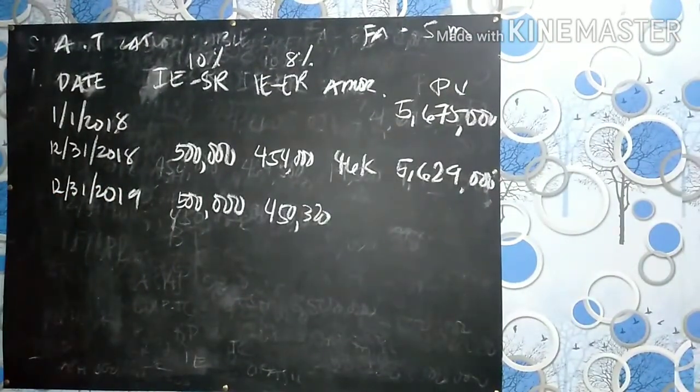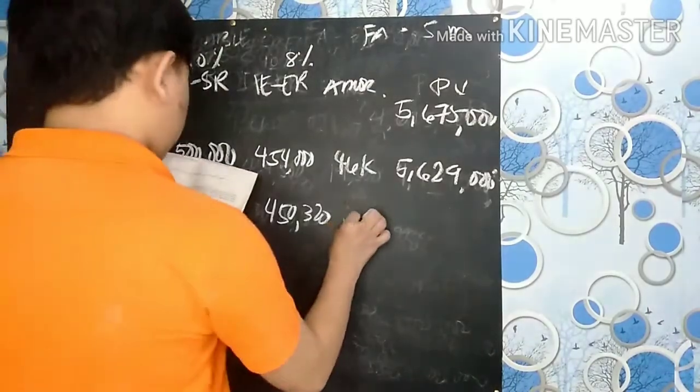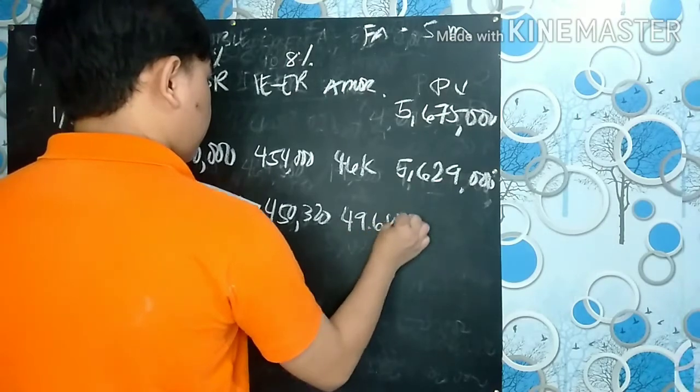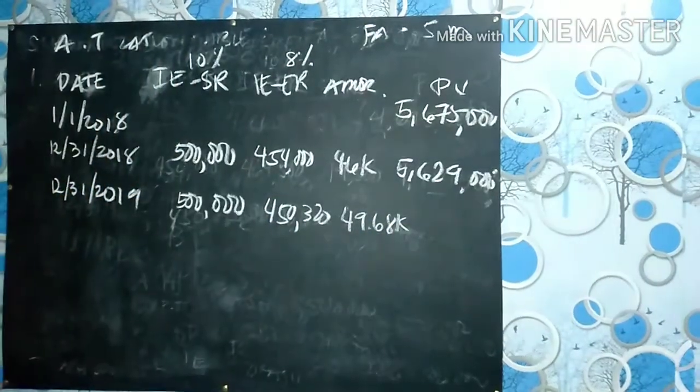To get the amortization expense, less natin sa 500,000, 49.68. Okay. Yun yung i-less natin sa 5,629.